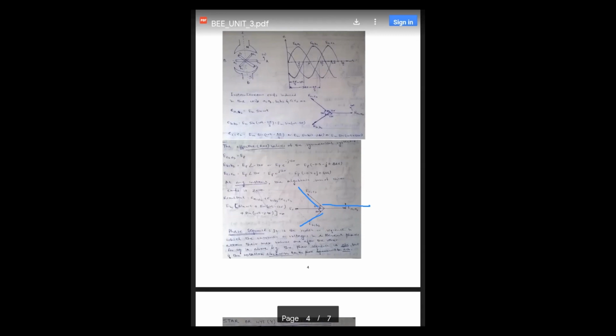So if we take the cos component, it becomes minus 1 by 2 due to this phasor and minus 1 by 2 due to this phasor. So this 1 and this minus 1 cancel out each other to give the resultant EMF as 0. Okay, so the algebraic sum of the three EMFs at any instant is 0. Phase sequence I have just explained to you.